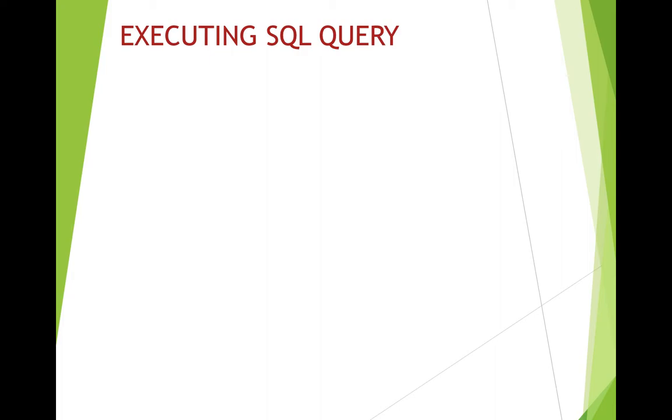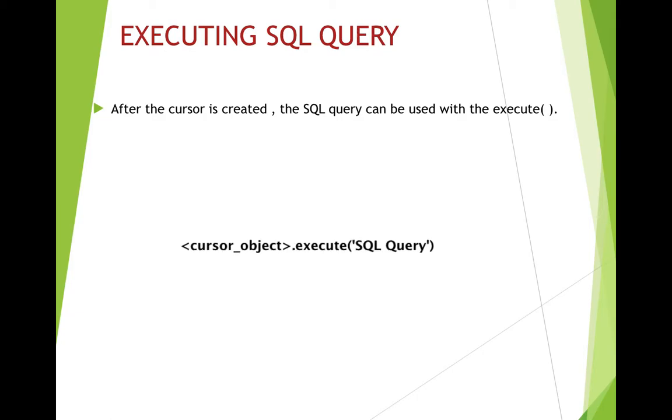Now once you are ready with cursor creation, you can execute SQL queries or use SQL commands within the Python programming language. So after the cursor is created, the SQL query can be used with the execute function. What is the syntax for that? The syntax is cursor object dot execute, then within quotes we give the SQL query.